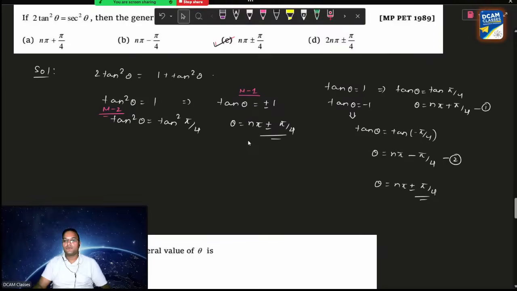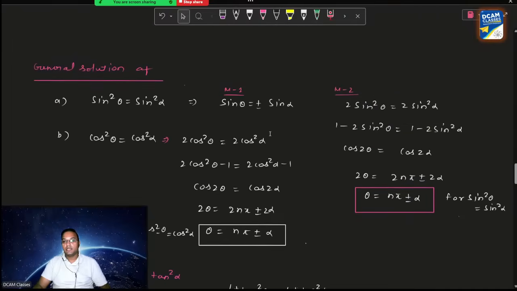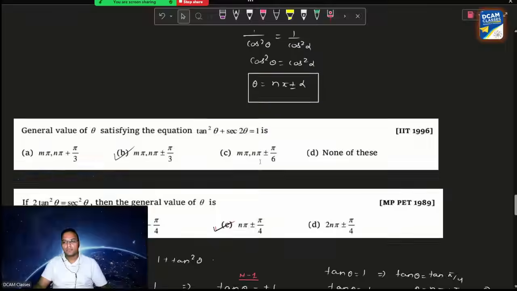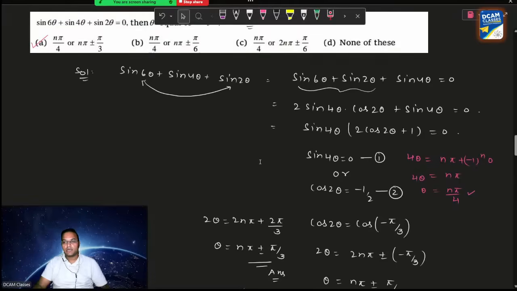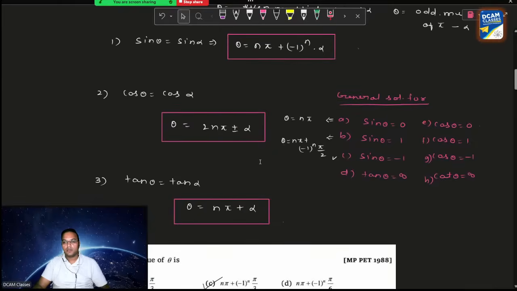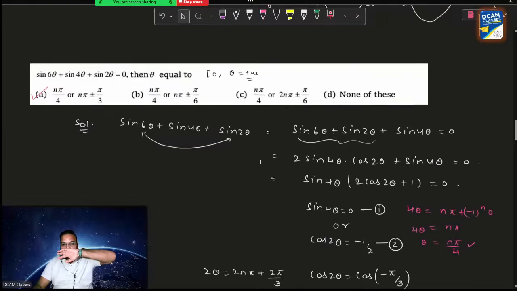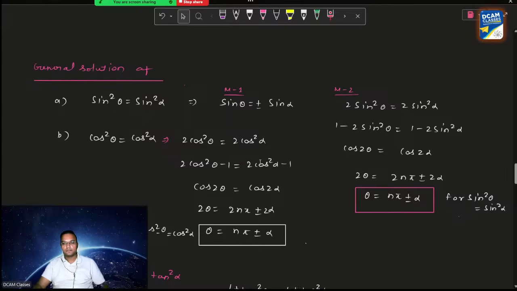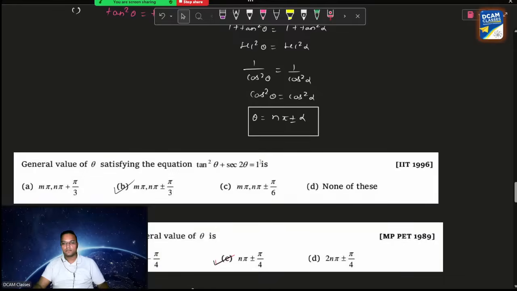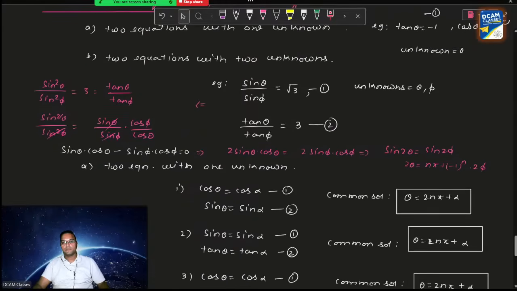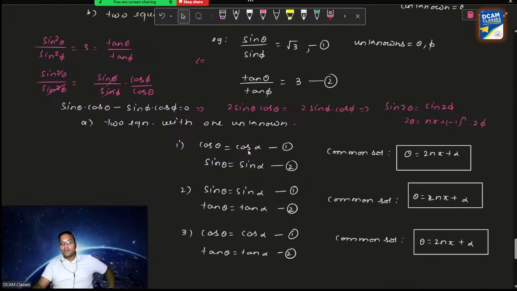In the previous class I told that when you have two different types of equations, such as sin theta is equal to sin alpha, cos theta is equal to cos alpha, the common solution is theta is equal to n pi plus alpha.